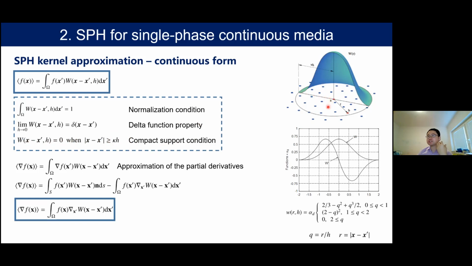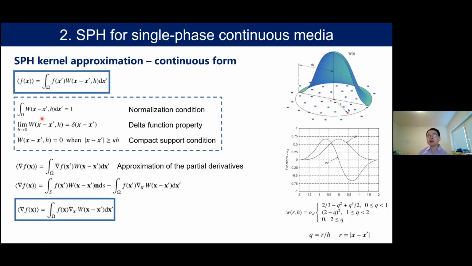Usually the radius is kappa times the smoothing length, and in SPH simulations, we usually use a radius of about, for example, 3 times the average particle spacing. This is a frequently used radius of the support domain.